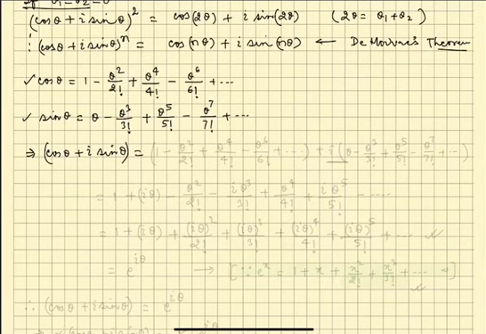So what am I going to get? 1 minus theta squared by factorial 2 plus theta to the power 4 by factorial 4 minus theta to the power 6 by factorial 6 plus dot dot, and i times theta minus theta cubed by factorial 3 plus theta to the power 5 by factorial 5 minus theta to the power 7 by factorial 7 plus dot dot dot. So what does it become? Let us see.